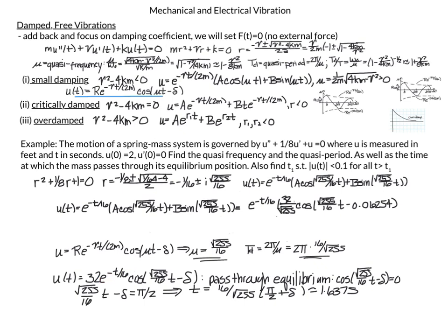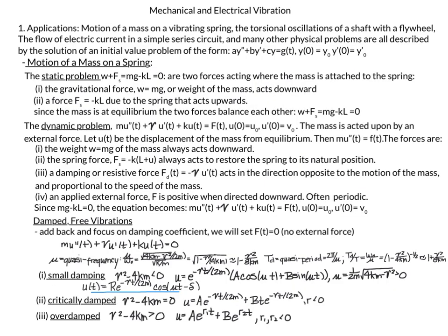This is never going to be 0. So we need the cosine of square root of 255 over 16 t minus delta to equal 0. So I plug in my delta here, and I solve, and t is going to be 1.6375.